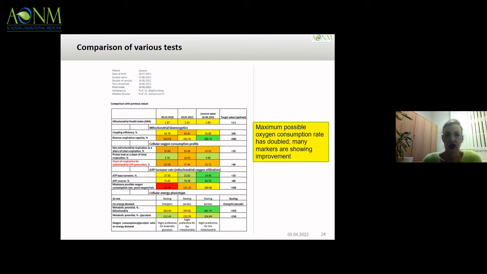And here we show you one patient, on 3 different dates. The first was in October 2020. It was not as bad as we have seen before. If you look please at the red sign first, 90.78 is the maximum possible oxygen consumption rate.